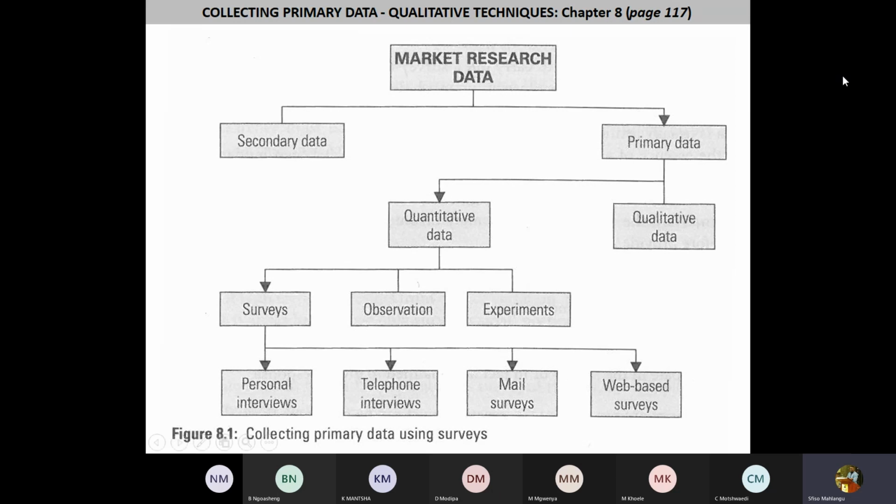There are two data collection approaches under qualitative. They are discussed in chapter 7, but we don't necessarily go through chapter 7. But for your interest's sake, you need to know them. They are in-depth interviews and focus groups.